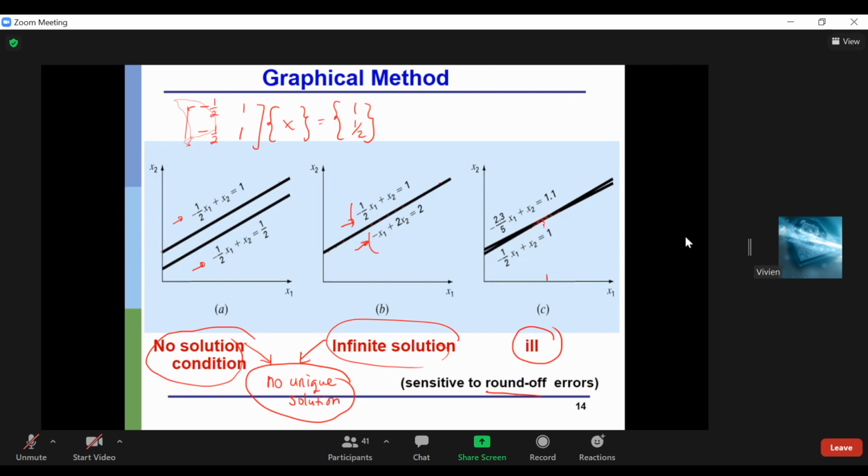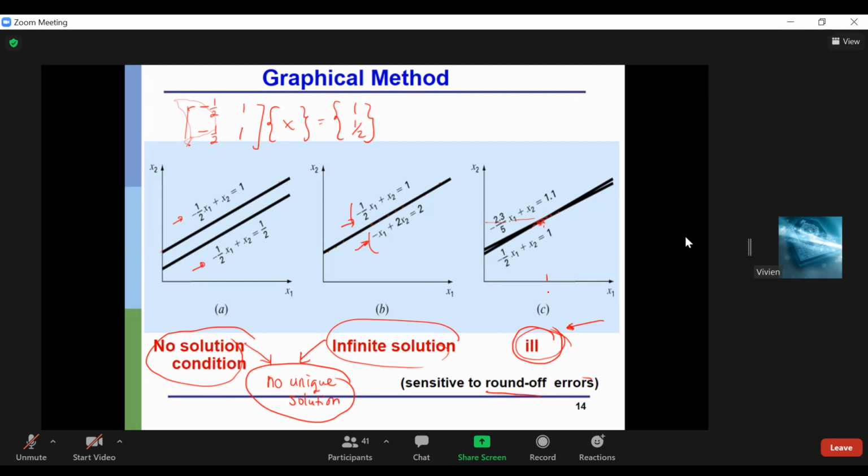If we move a bit here to the left, the result of x2 can be very different. So this is sensitive to round-off error, and this is called ill condition. And sometimes, for actual cases, those cases fall into the ill condition system. So in that case, it's a little bit different to get the solution.